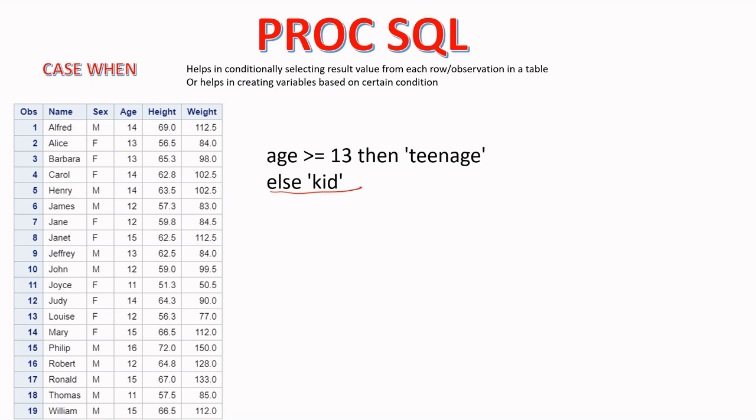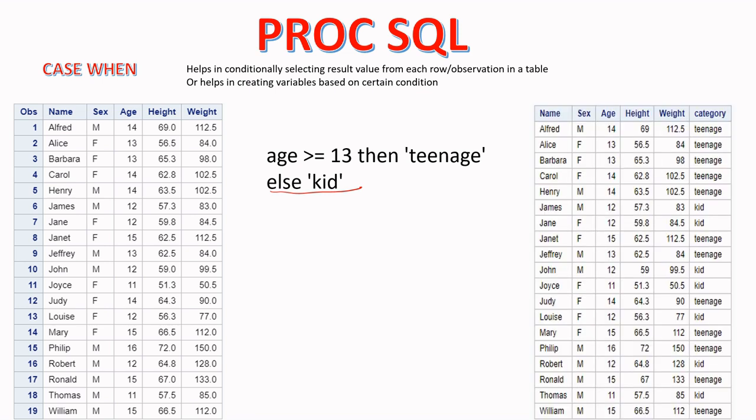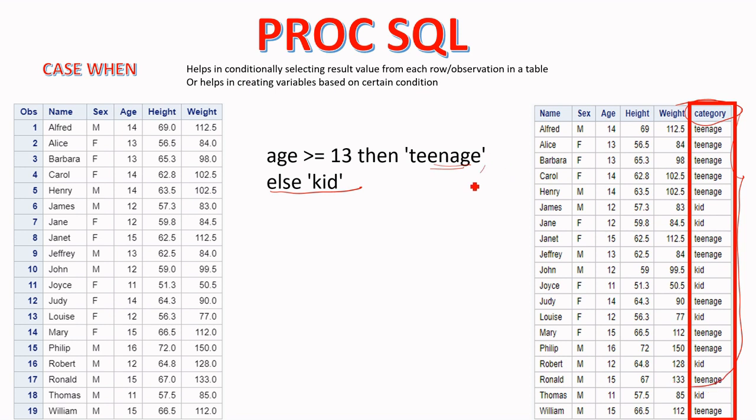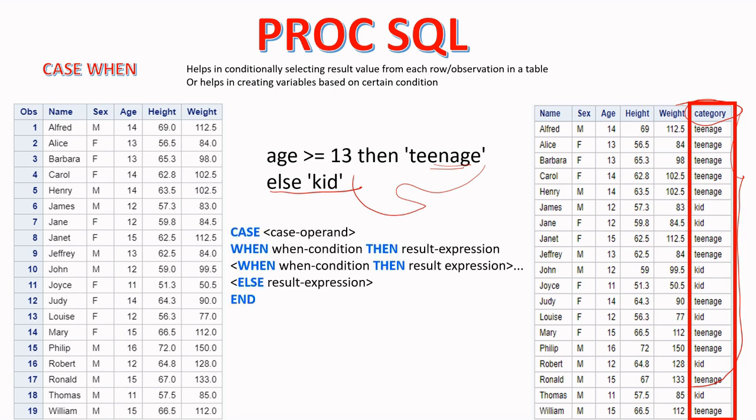So the resulting table should look something like this, where you would have a category variable. If we are creating these conditional values, then there should be a variable which contains these values. That variable would be named category, and this would contain all of these values which we have provided here as the condition. So the case when syntax looks something like this.